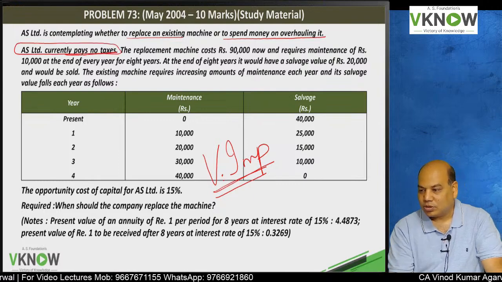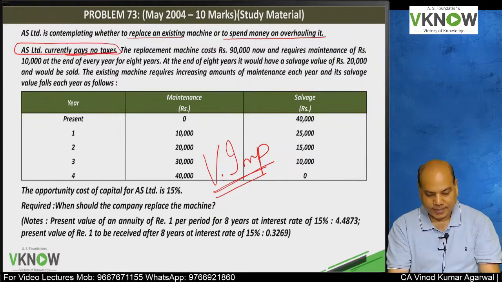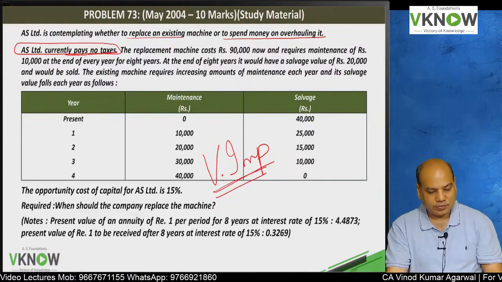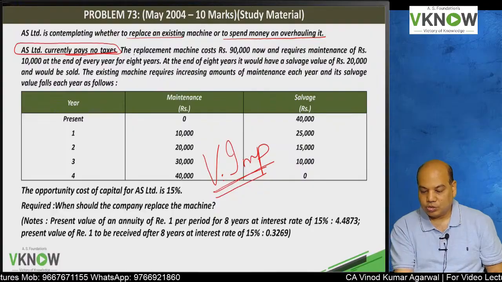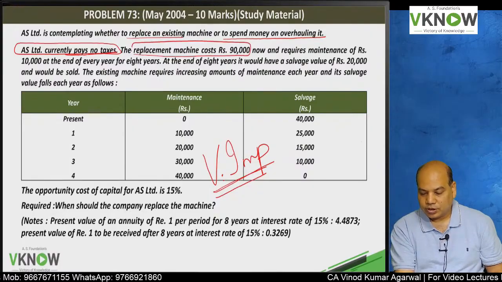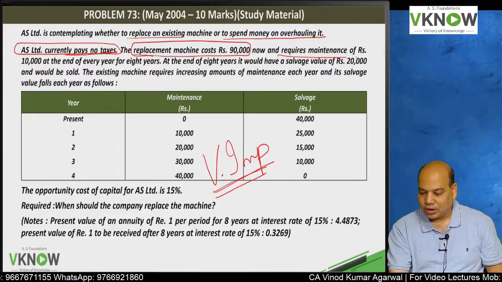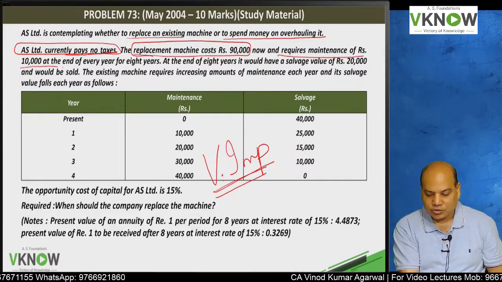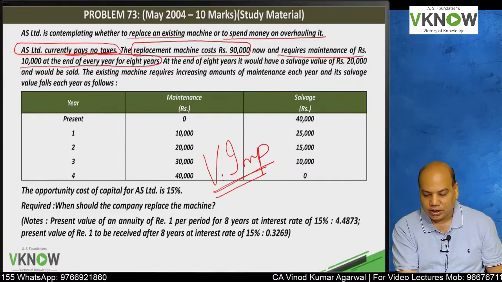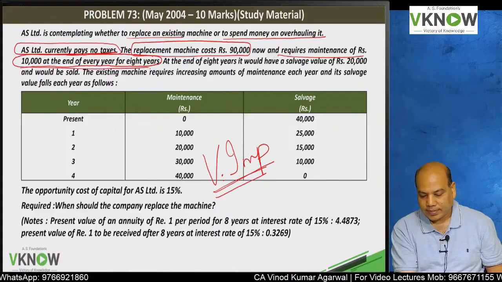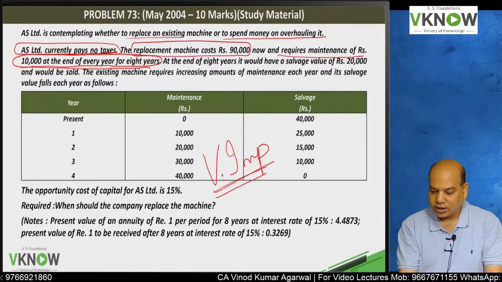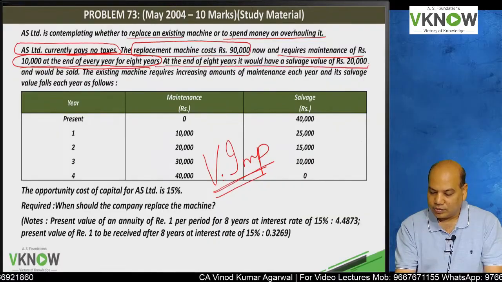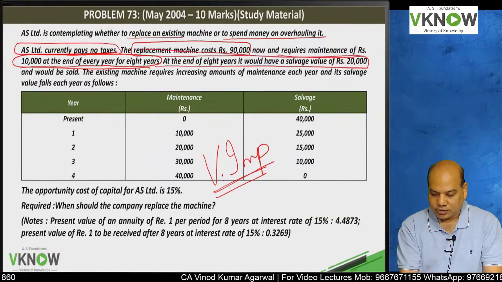The replacement cost of the machine is 90,000 rupees. So what is 90,000 rupees here? Cost of the new machine, and requires maintenance of rupees 10,000 at the end of every year for 8 years. At the end of 8 years, it will have salvage value 20,000.